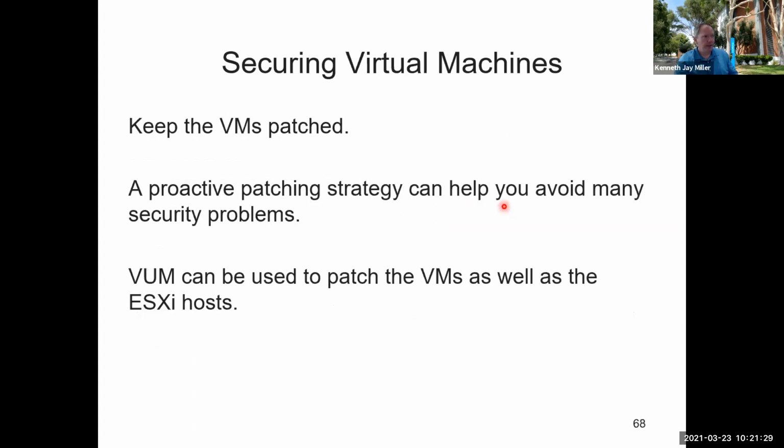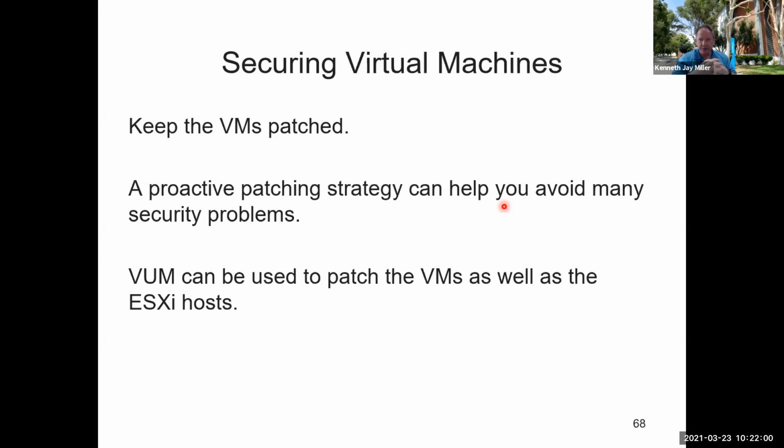Right? The other thing we can do is keep our virtual machines updated. Just like a regular machine, we need to make sure our virtuals are updated. So we can do that by using the same patching strategy that we use on any of our other machines. If we have the vSphere Update Manager application running, we can use that to patch our VMs as well as the ESXi host.